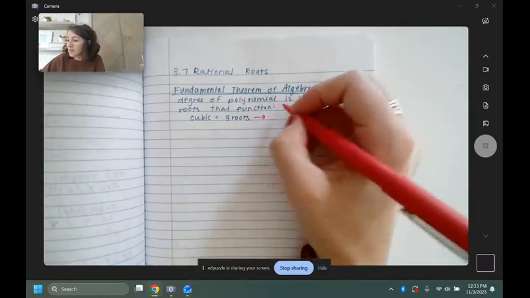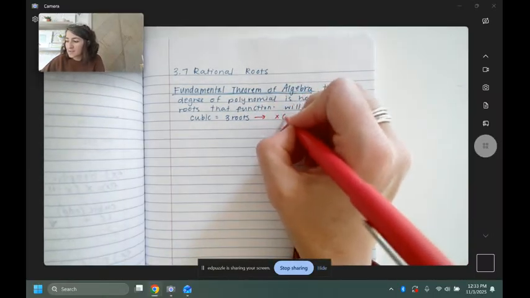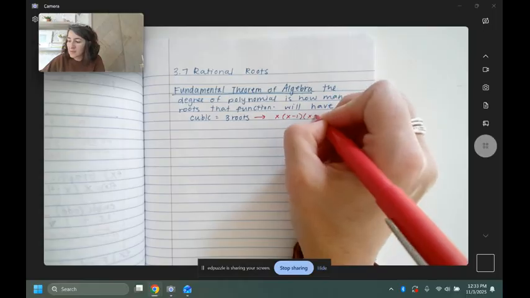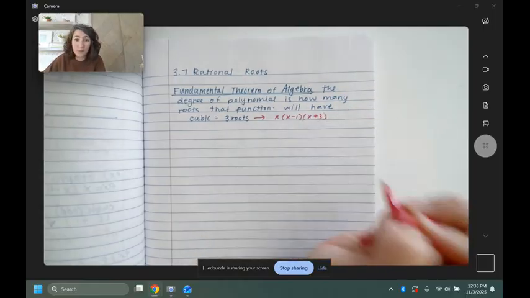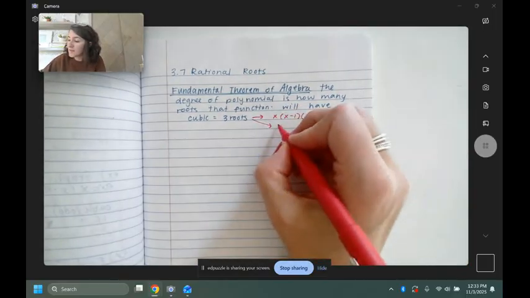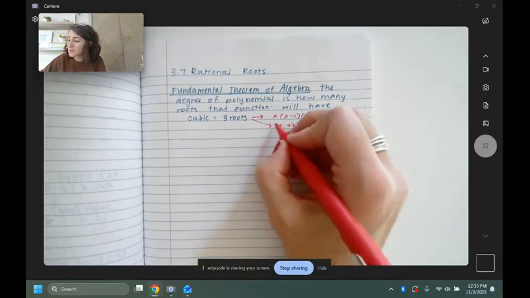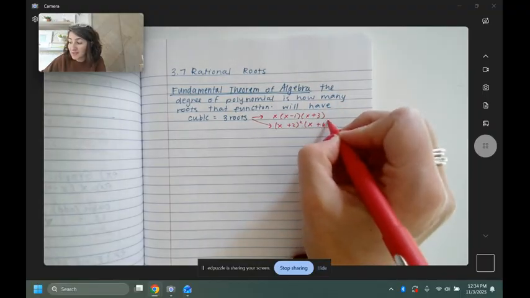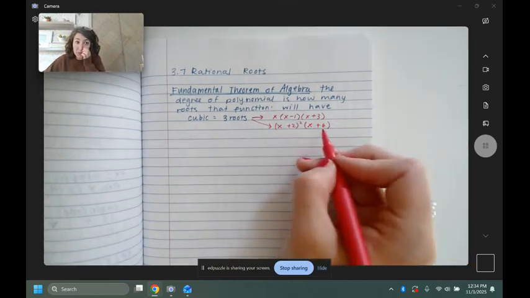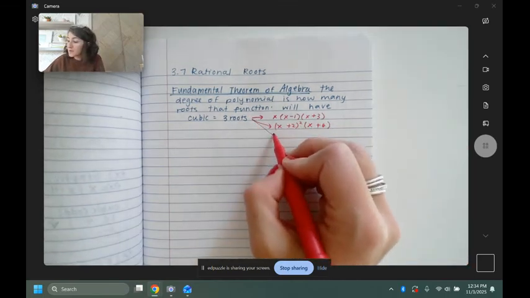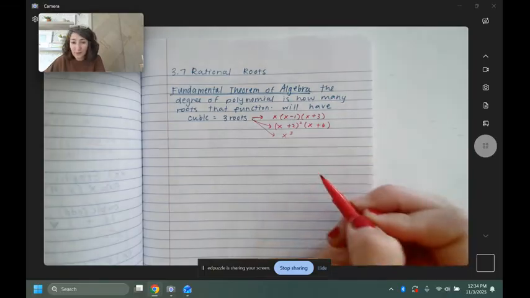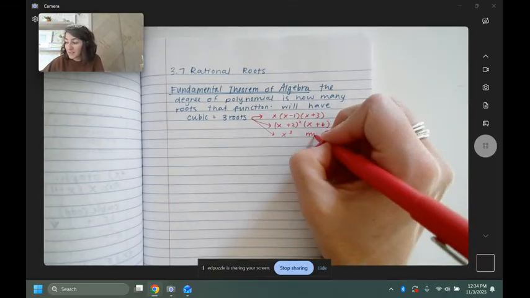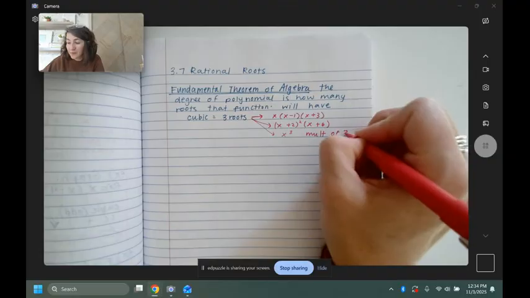I could have x times x minus 1 times x plus 3. It could also look like this, x plus 2 squared times x plus 6, where I've got 2 roots like that. It could also look like just x to the third, multiplicity of 3.